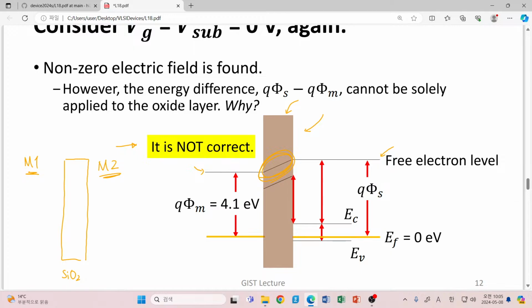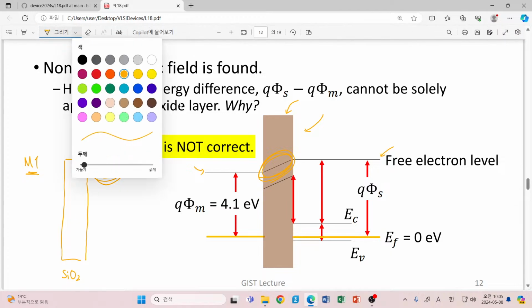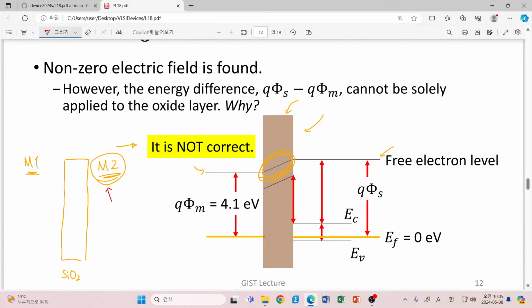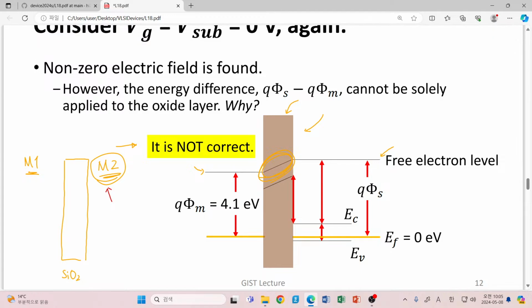Then what is the difference between this MOM structure and the MOS structure? The key is that this metal part can provide us almost infinitely high capability to provide charges. So please note that usually metal has much higher carrier density even than highly doped silicon.